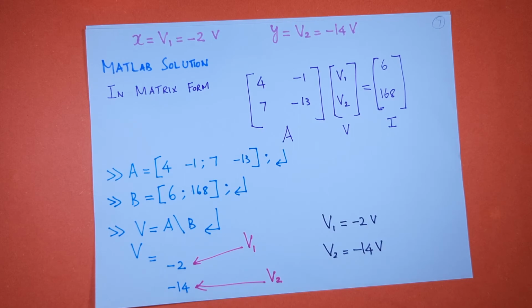So I have used B. So B equal to, open the square bracket, 6 semicolon 168, close the square bracket, semicolon. So B is going to be a column matrix or column vector.